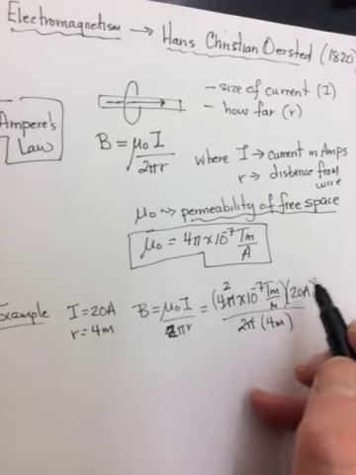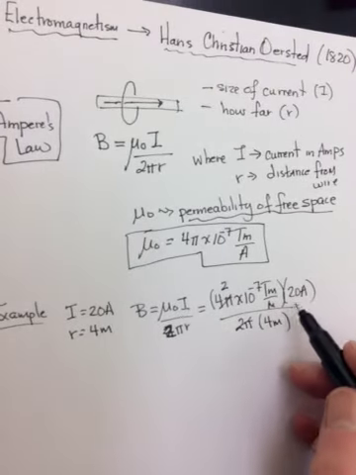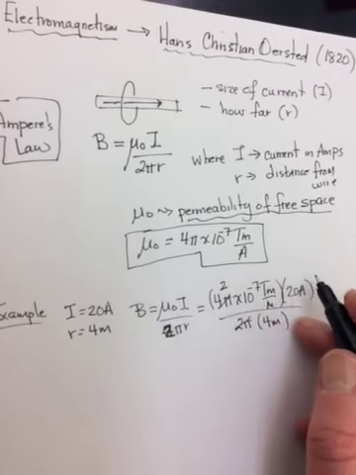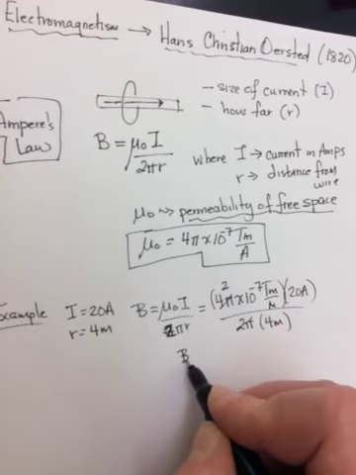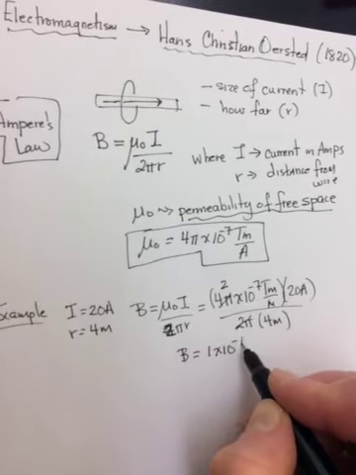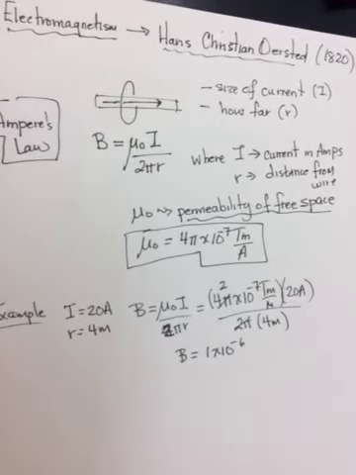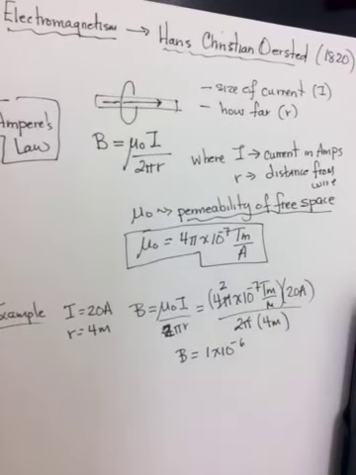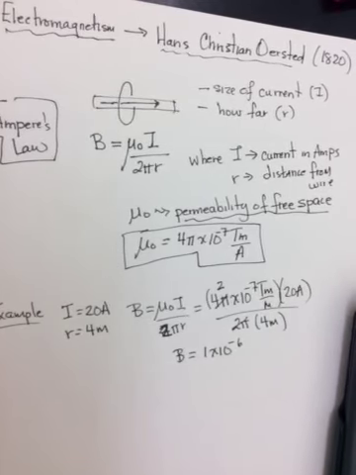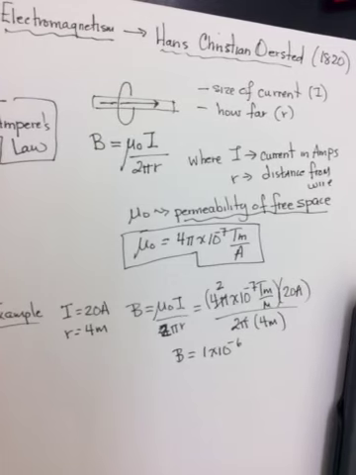Now put 2 times 10 to the negative 7 in your calculator if you need to, or you could actually divide 4 into 20 and get 5 and do 2 times 5, which is 10, and you would get 10 to the negative 7, or 1 times 10 to the negative 6. Did I do that right? Just checking. I didn't put it in my calculator, so maybe I didn't. 2 exp negative 7 times 20 divided by 4.